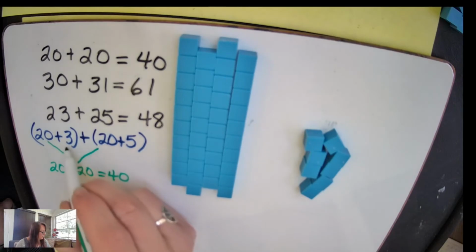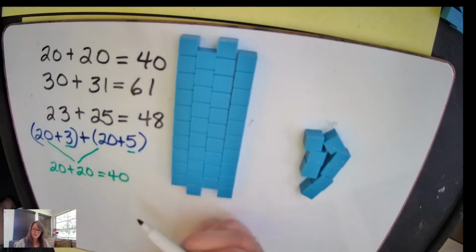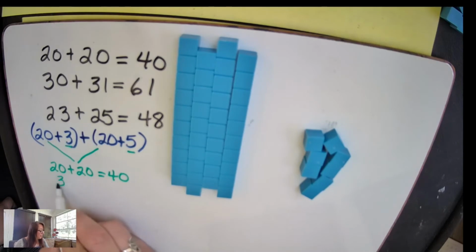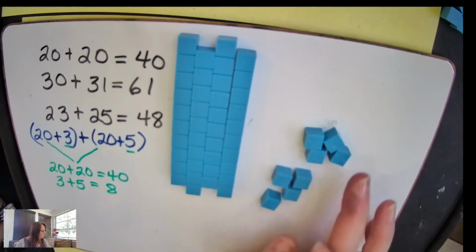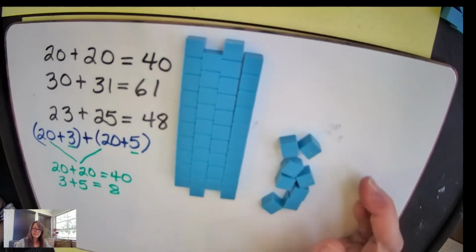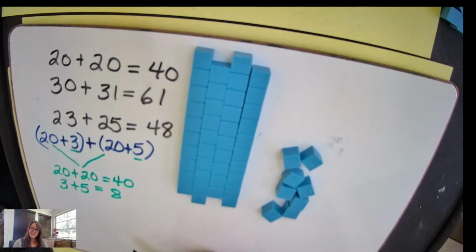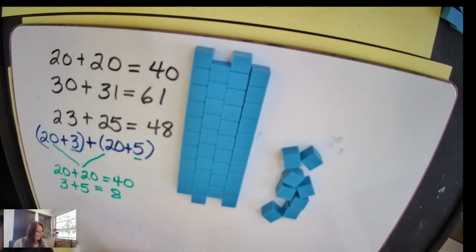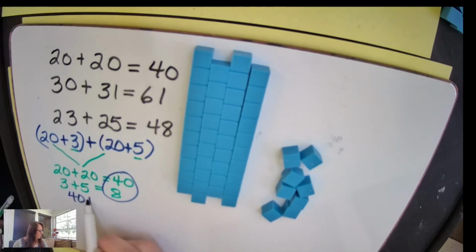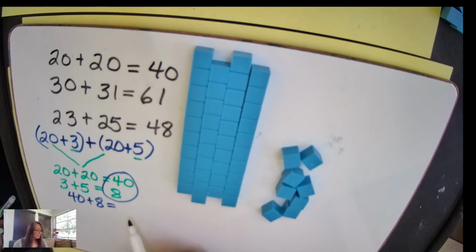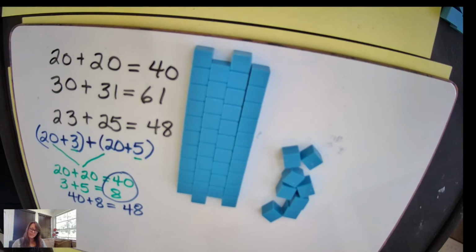Here's the ones. 3 and 5. 3 plus 5 equals 8. 1, 2, 3, 4, 5, 6, 7, 8. Great. And now, all together, we have 40 plus 8 equals 48. Very good.